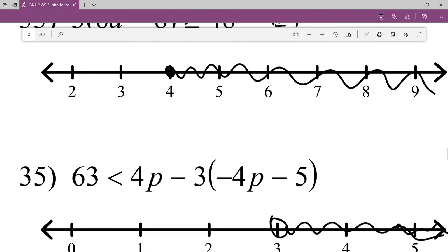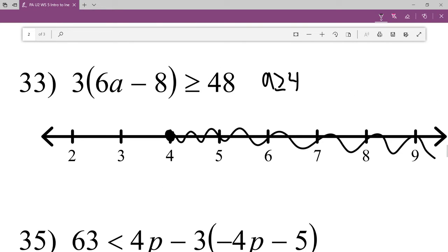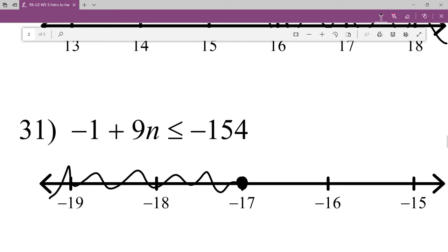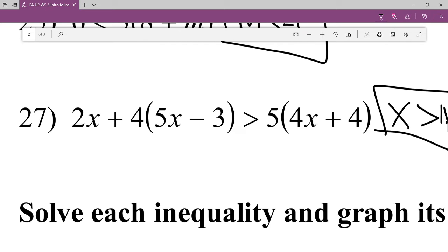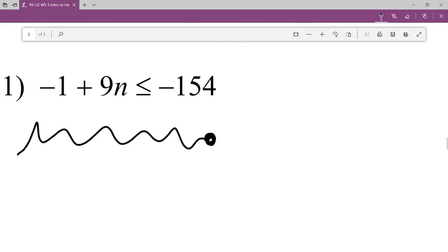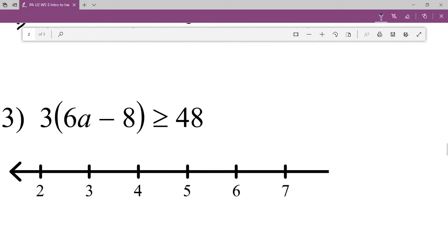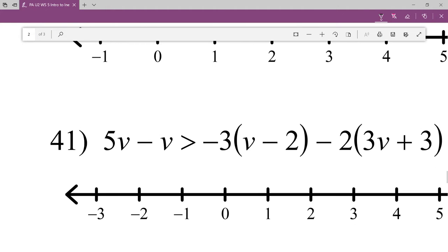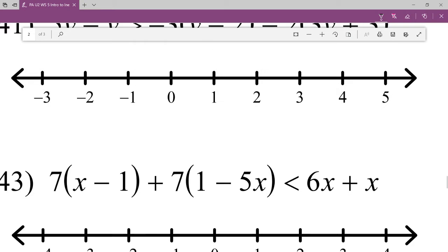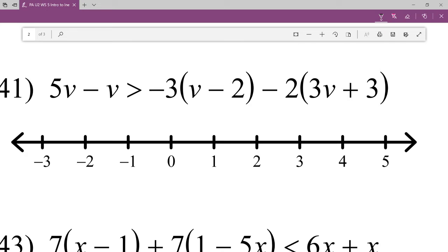I'll try to do one more that has variables on both sides. So let me see. Let's do this one. Give me a second, guys.